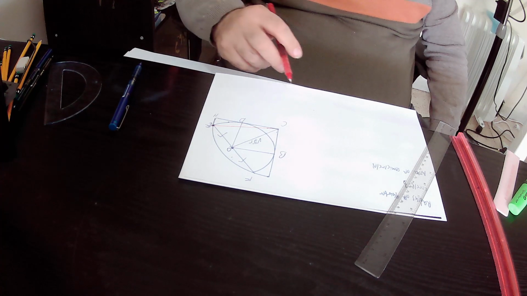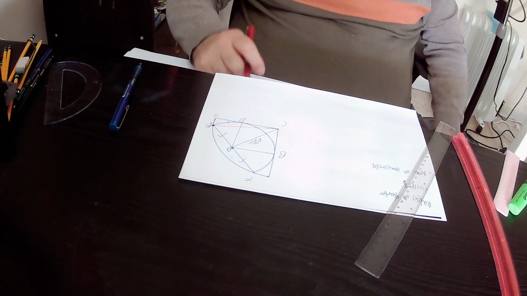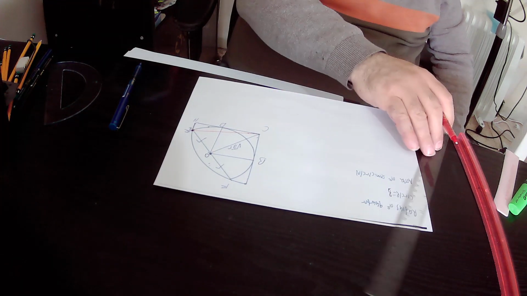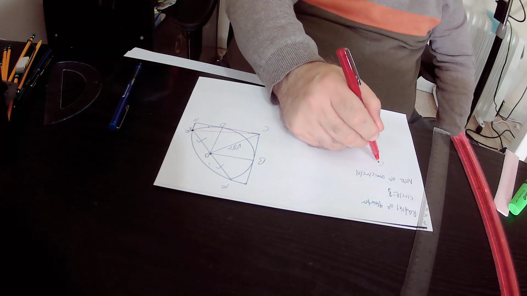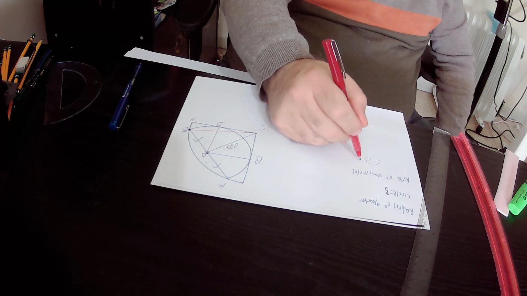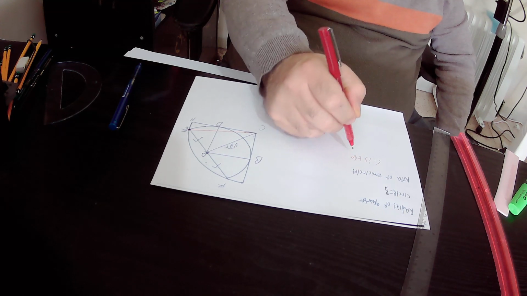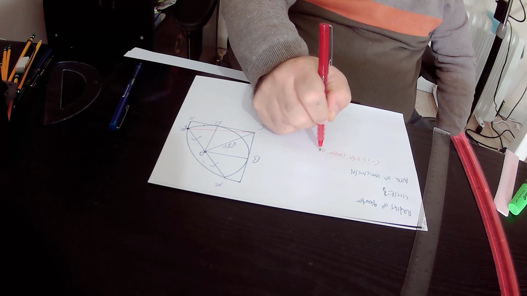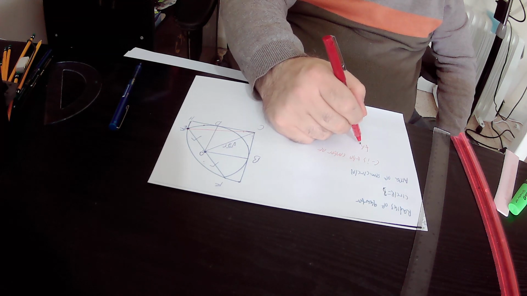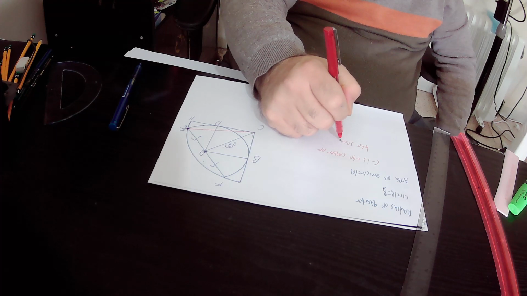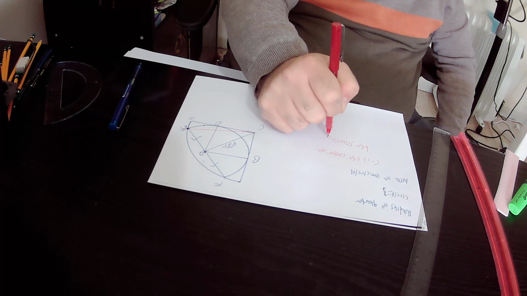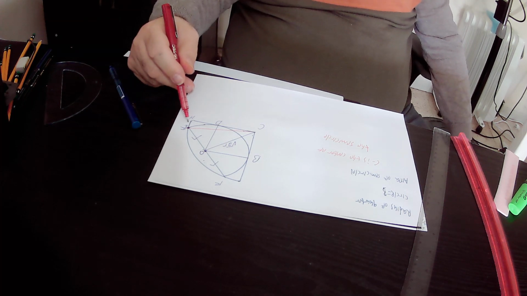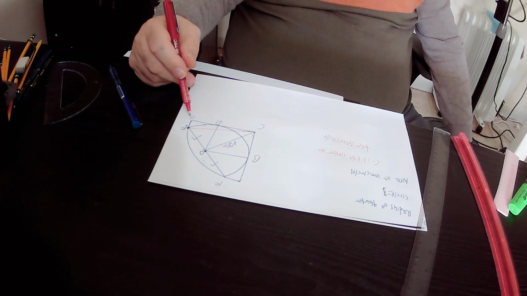What is the length of line segment CO? We already know that C is the center of the semicircle, and E is a point on the semicircle itself.